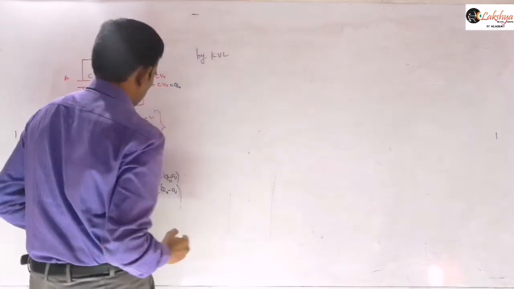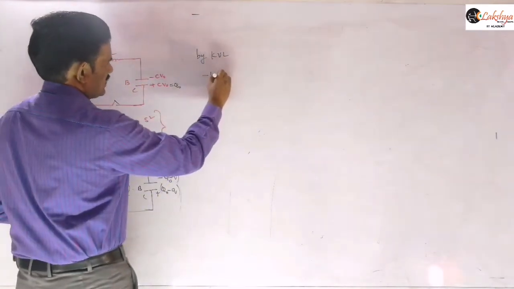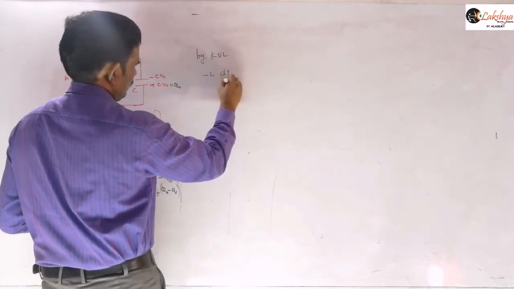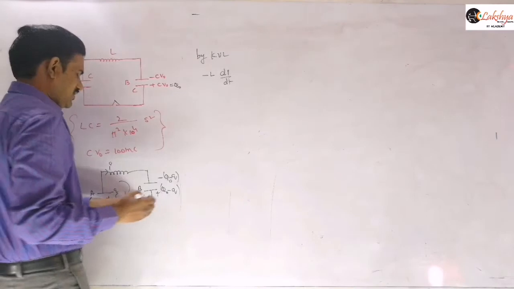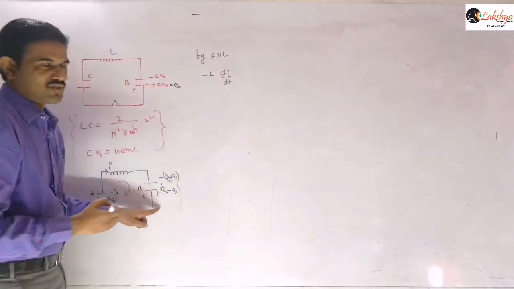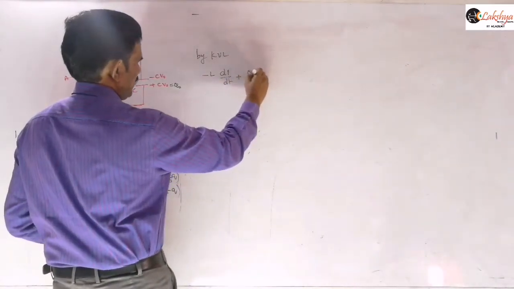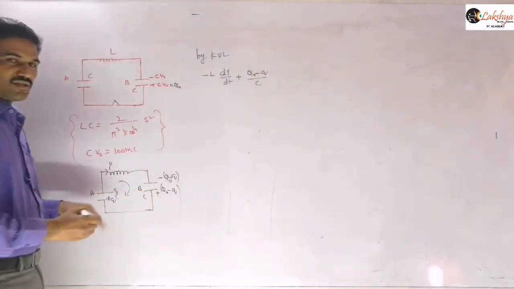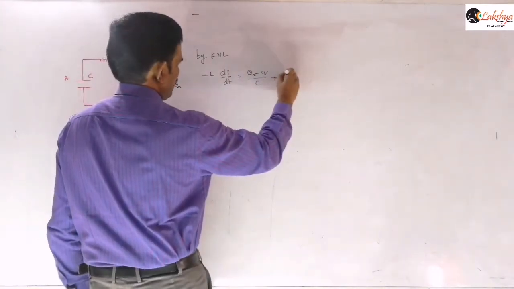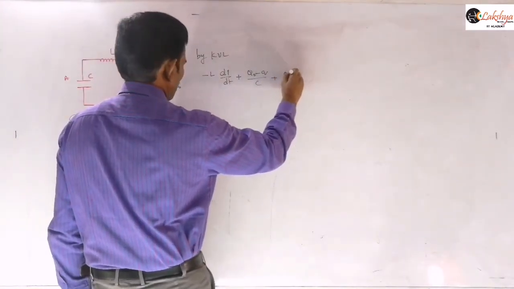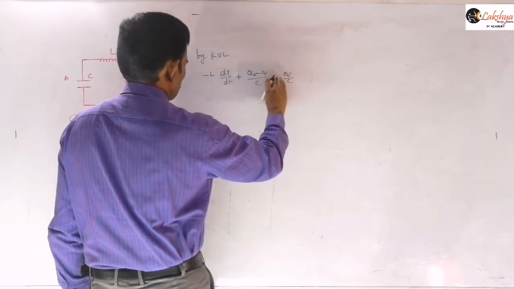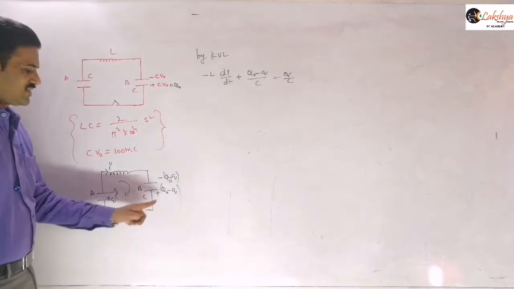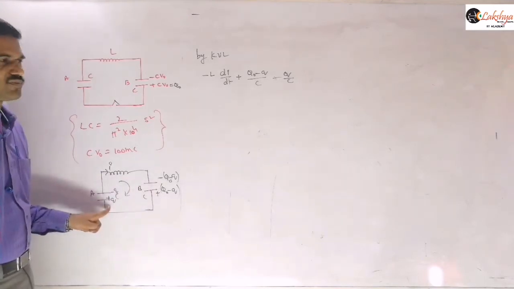So by KVL, minus L into di by dt, and next I am writing this term here, plus Q naught minus Q by C, and then next we are writing here again plus, this will be minus Q by C, because we are traveling from the negative to the positive terminal here. If this is a positive plate, then this plate is also positive.